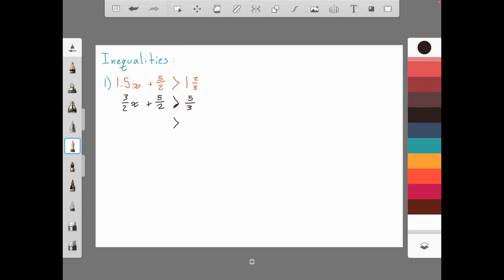So first we subtract 5 halves from 3 halves of x plus 5 halves, and remember that what we do to one side, we do to the other side. So we say minus 5 halves. This cancels out, which gives 3 halves of x greater than negative 5/6.